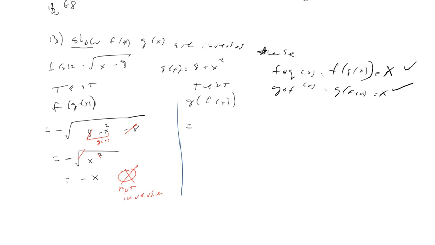So I've got 8 plus x squared, and I'll leave a space, because in that x is going to go my negative square root of x minus 8. Here's my g, and this here is f of x on the inside.